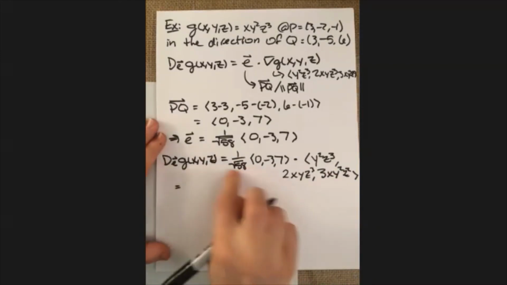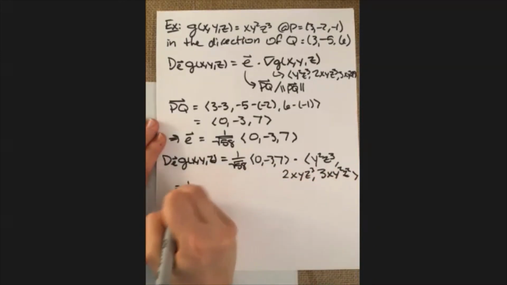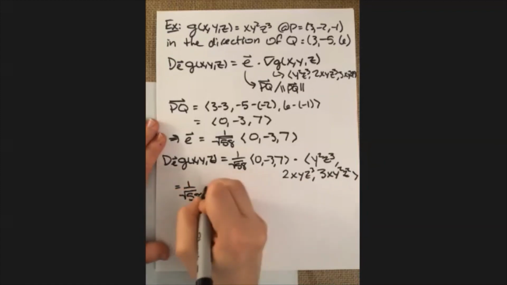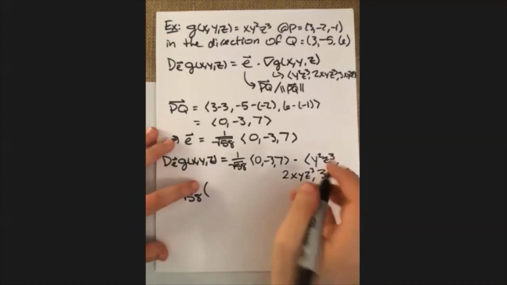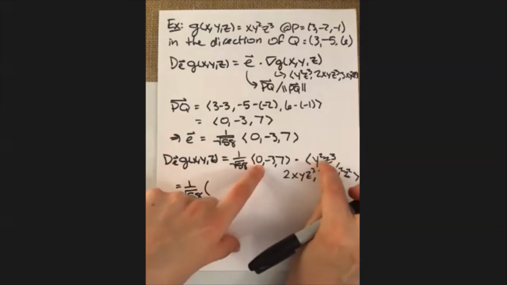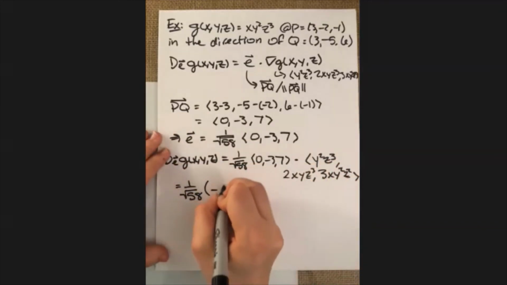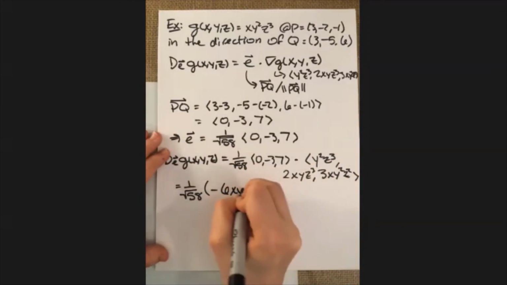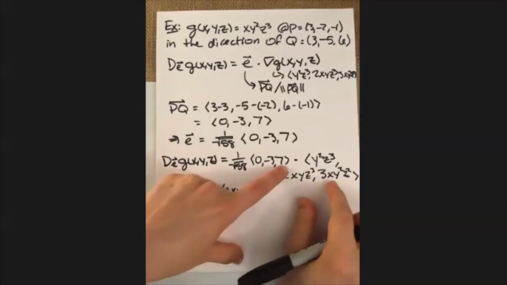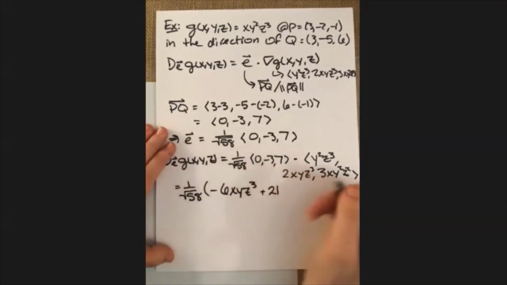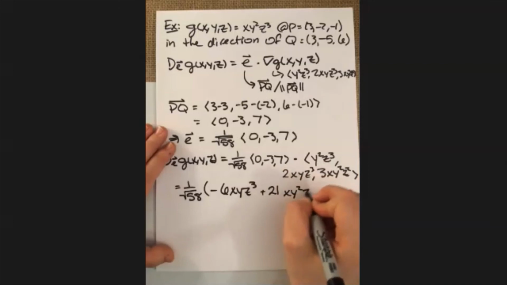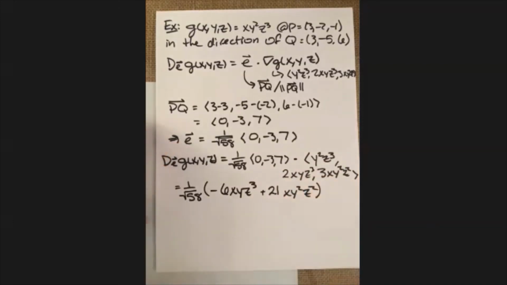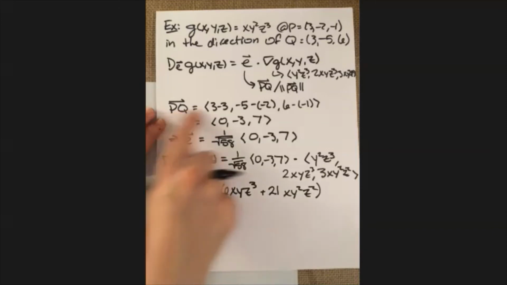All these pieces get added up. The first is just 0, so I'm not going to write that down. We'll have -6xyz cubed plus 21xy squared z squared. That gives the general formula for the directional derivative in the direction of PQ.